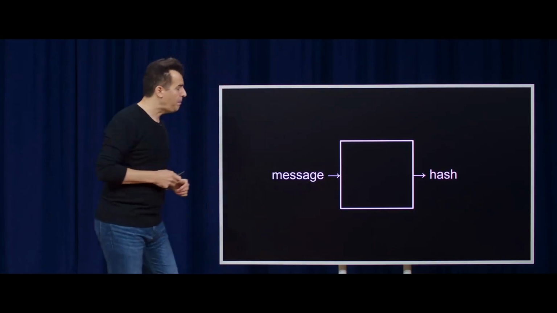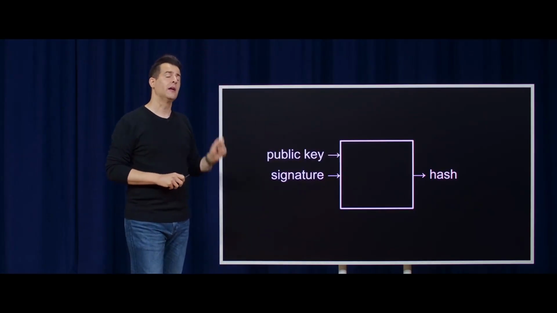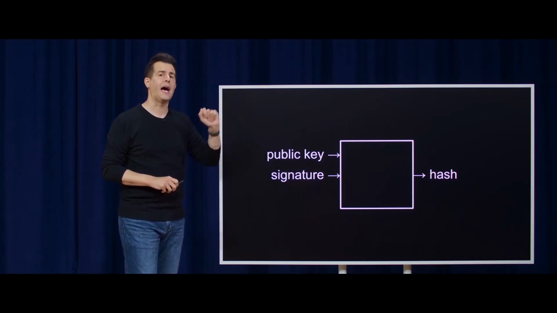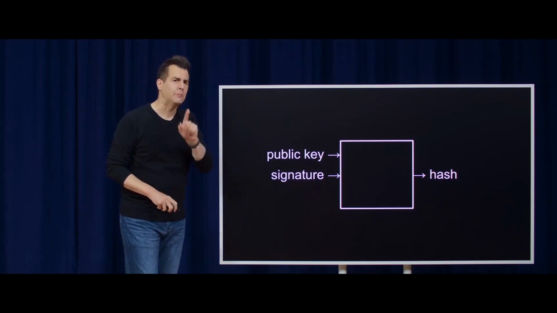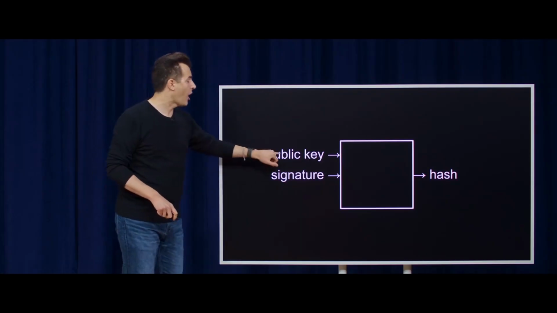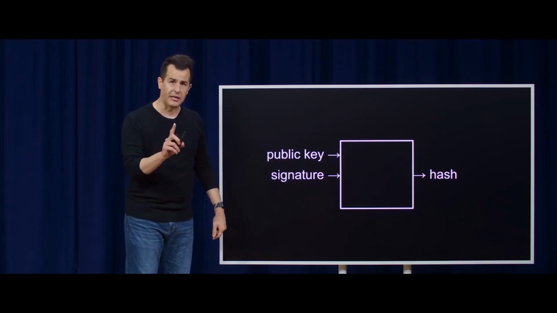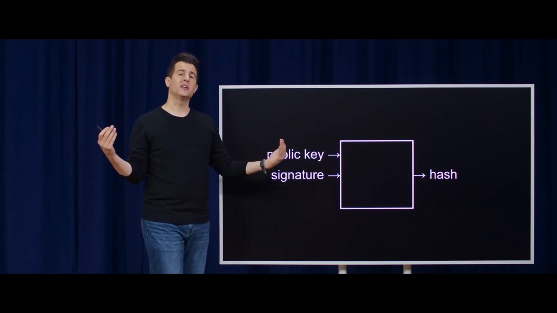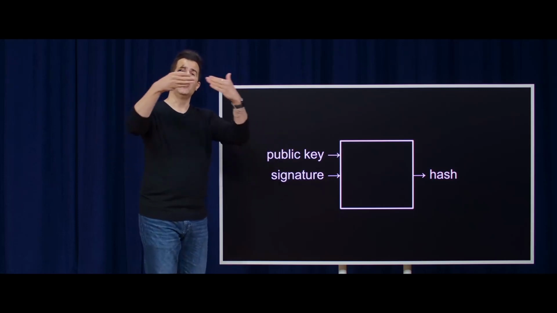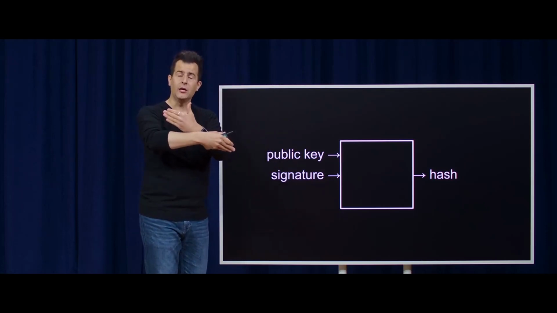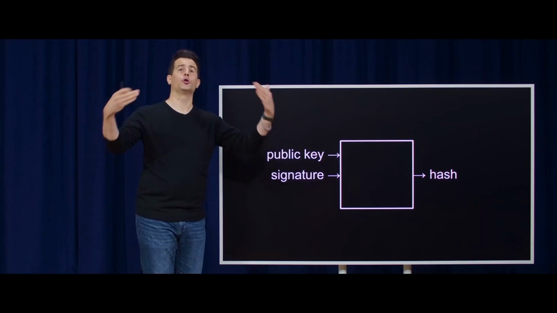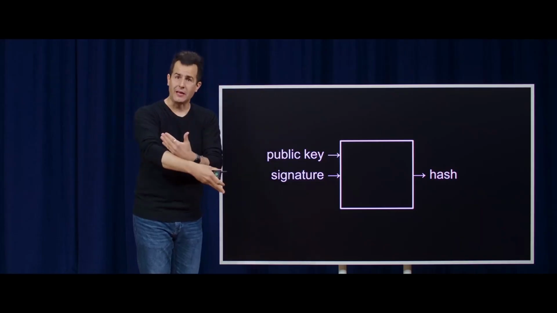However, what the recipient does is, upon receiving not only that message, which they just hashed, but also your claimed digital signature, they try to decrypt your signature using your public key. And here too, just as the private key can reverse the encryption done by a public key, so can the public key reverse the encryption done by a private key.